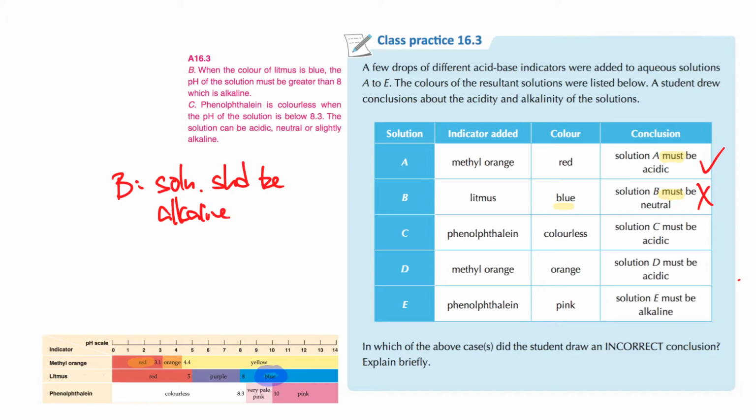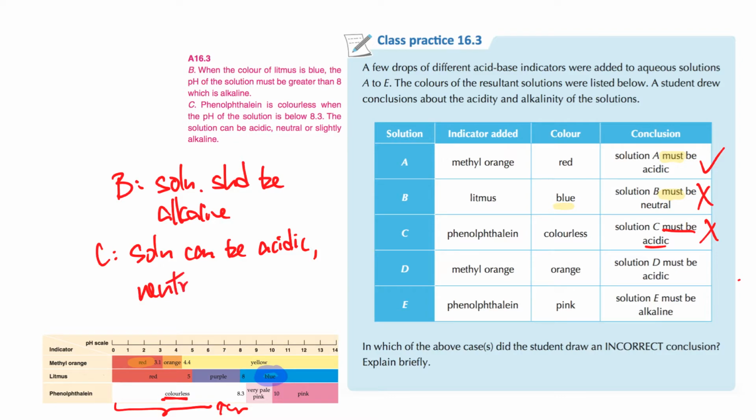Part C, phenolphthalein, colorless. The solution must be acidic. You find that if it is colorless, it can be acidic, and also can be neutral, and also can be slightly alkaline. So this one, must be acidic, is wrong. For C, the solution can be acidic, neutral, or slightly alkaline.